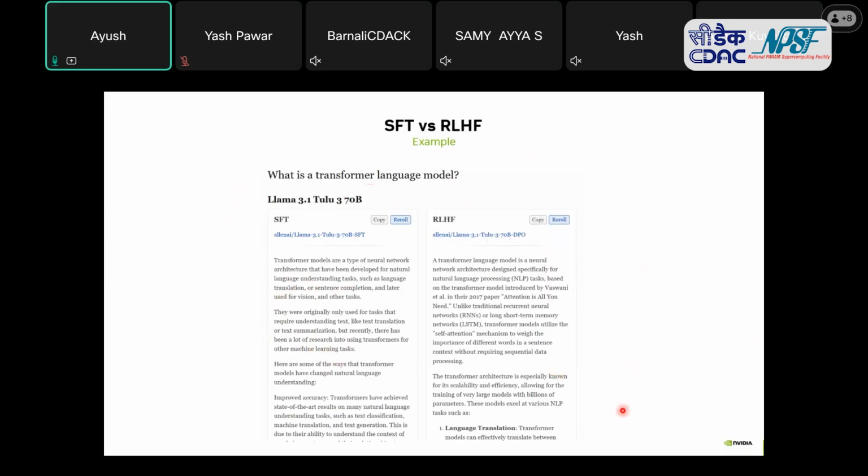But if you do additional alignment training of your SFT trained model, how does the answer look? A transformer language model is a neural network architecture designed specifically for NLP tasks, based on the transformer model introduced by Vaswani et al. in their 2017 paper, Attention is All You Need. Unlike traditional RNNs or LSTMs, transformer models utilize a self-attention mechanism to weigh the importance of different words in a sentence context without requiring sequential data processing.